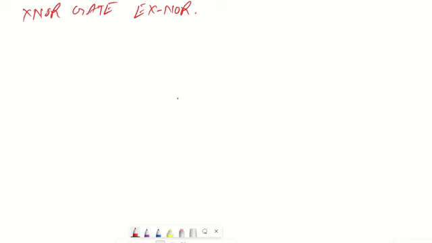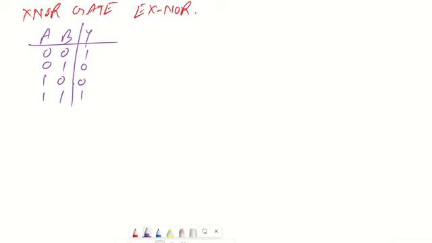So if we have inputs, let us say A, B, and the output is Y, then it can take 0 0, 0 1, 1 0, 1 1. So the output will be the complement of the XOR gate, right? So whenever the inputs are equal, it will be 1, and otherwise it will give me 0.